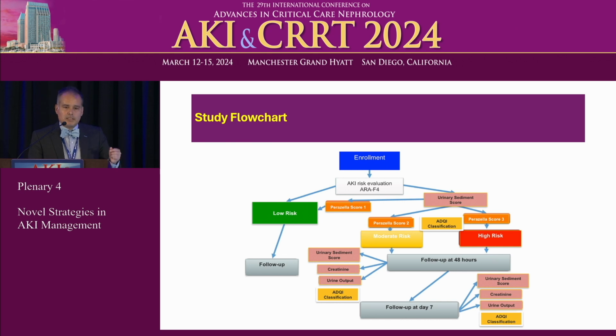The urine sediment score was assessed at hospital admission, then at 48 hours and at 7 days. We also followed up serum creatinine and urine output, and we classified patients into different AKI stages.